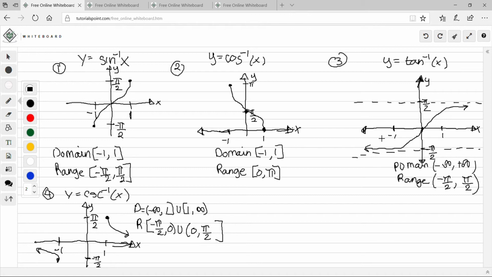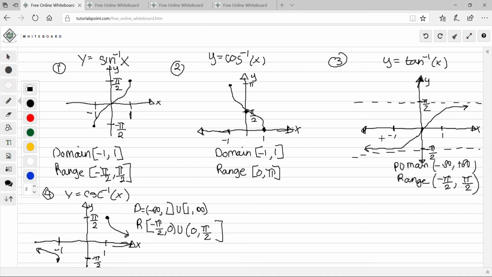And then for the cosecant inverse, the domain is from -infinity to -1 bracket, union 1 bracket to +infinity, and the range is from -π/2 to 0 union 0 to π/2.